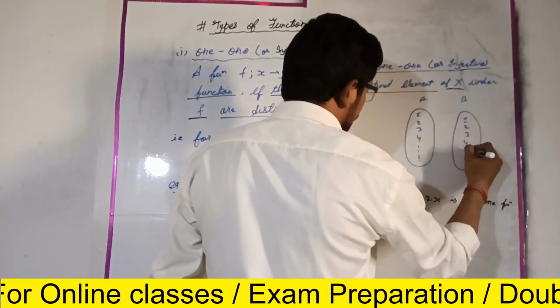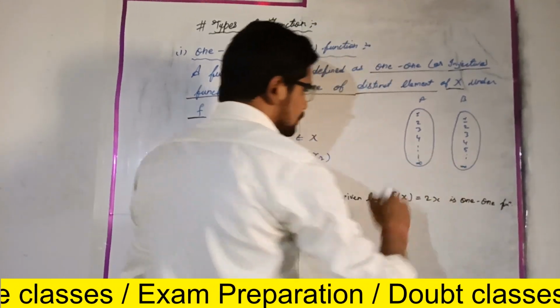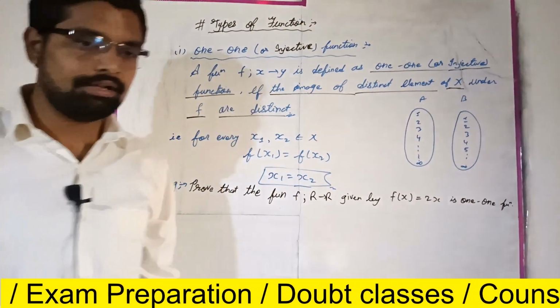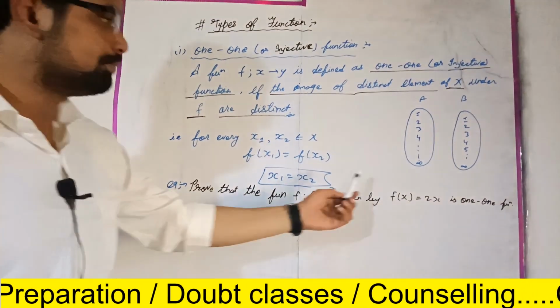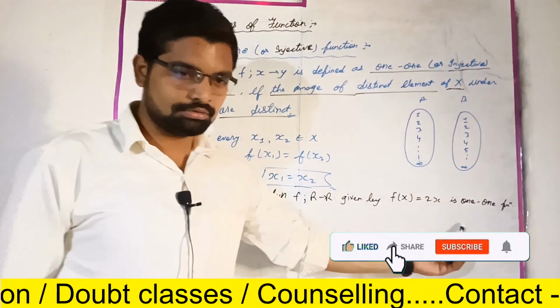You can also take negative numbers. This is the pictorial representation, or pictorial proving, for this question.